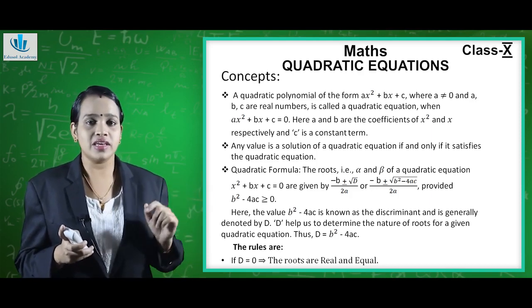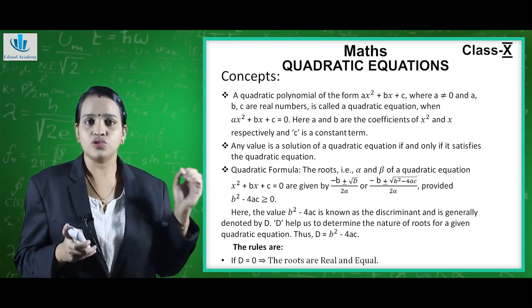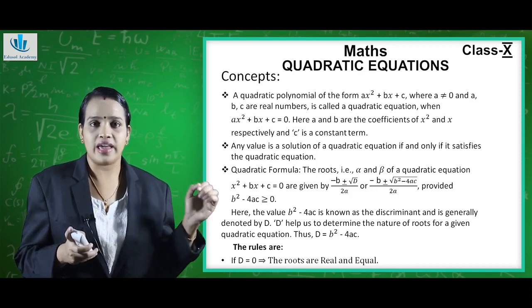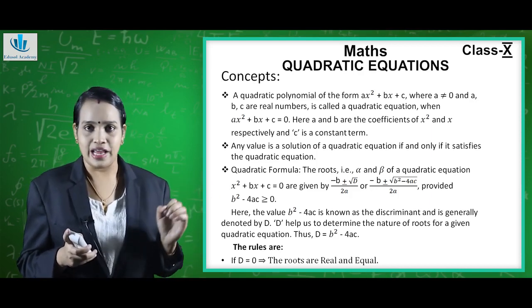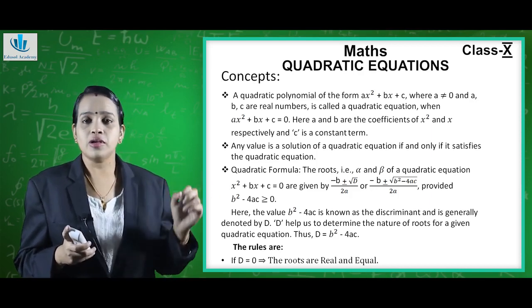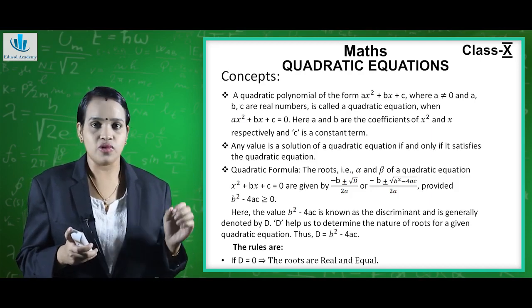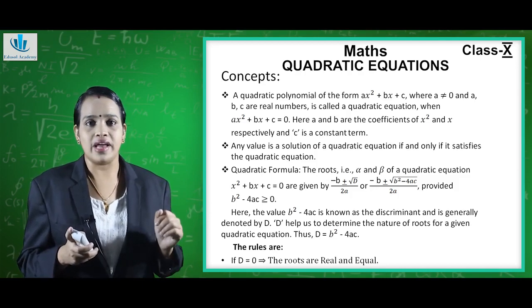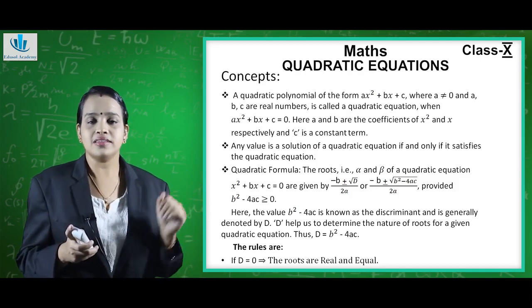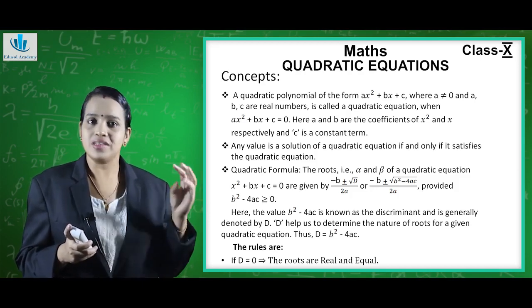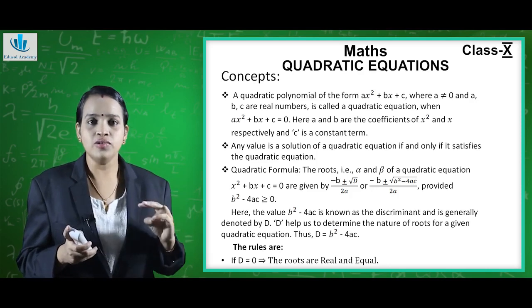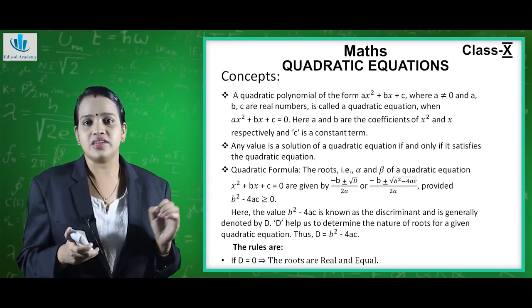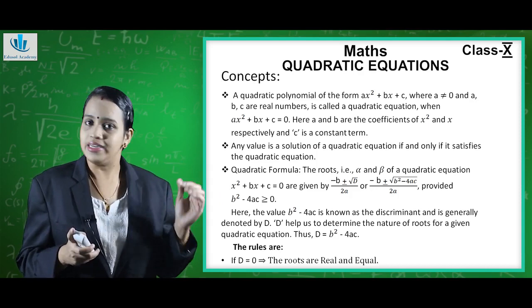Here b raised to 2, or b square, minus 4ac should be greater than or equal to 0. Now what is b raised to 2 minus 4ac? It is called the discriminant, whose value will be 0, negative or positive, and it is generally denoted by the capital letter D.